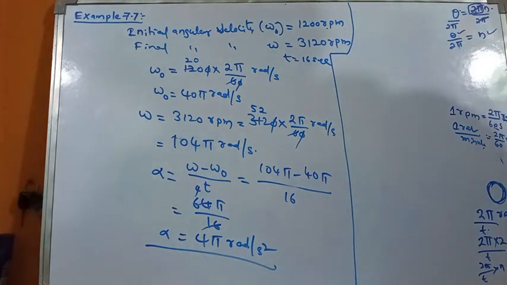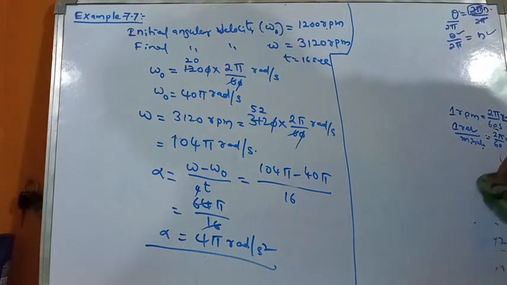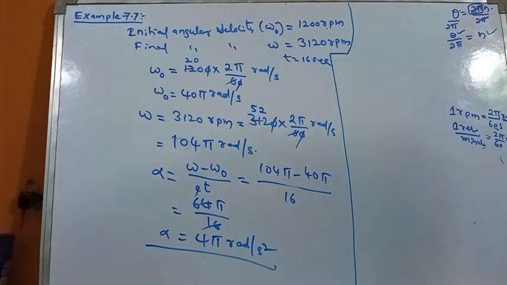So in one revolution the angular displacement theta is equal to 2 pi. If n revolutions are completed, then the angular displacement is equal to 2 pi n.